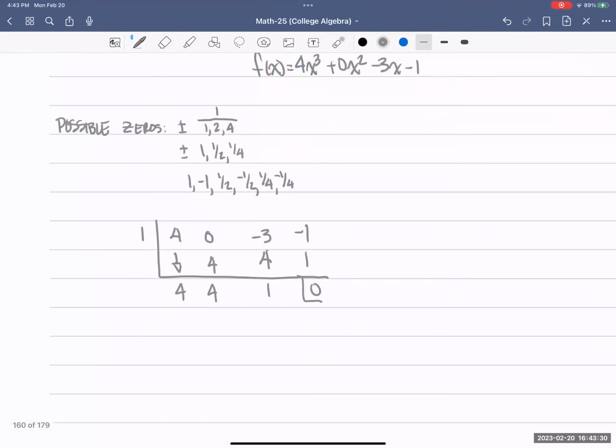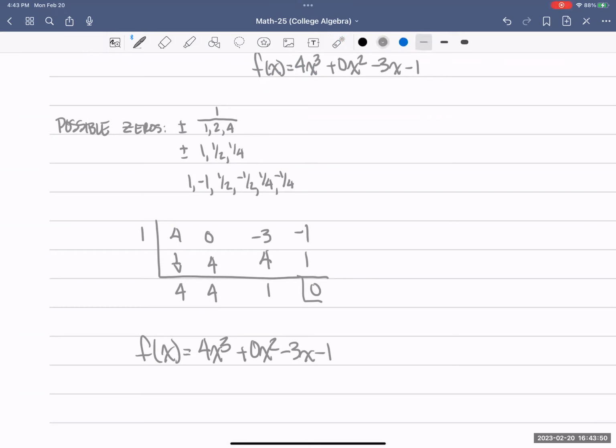All right, so now we have our original function, 4x cubed plus 0x squared minus 3x minus 1.